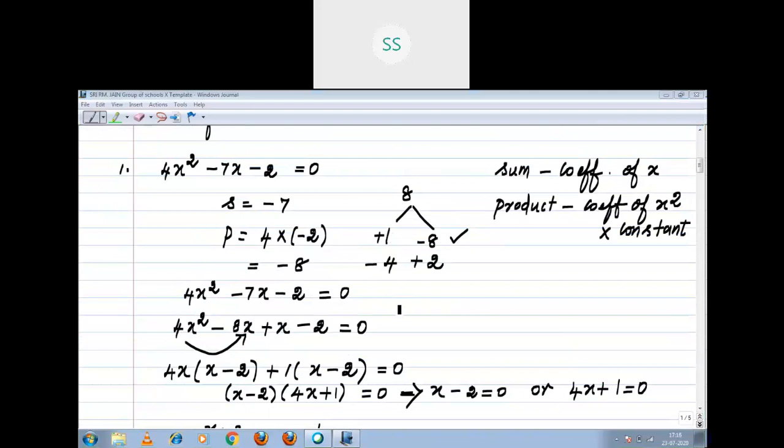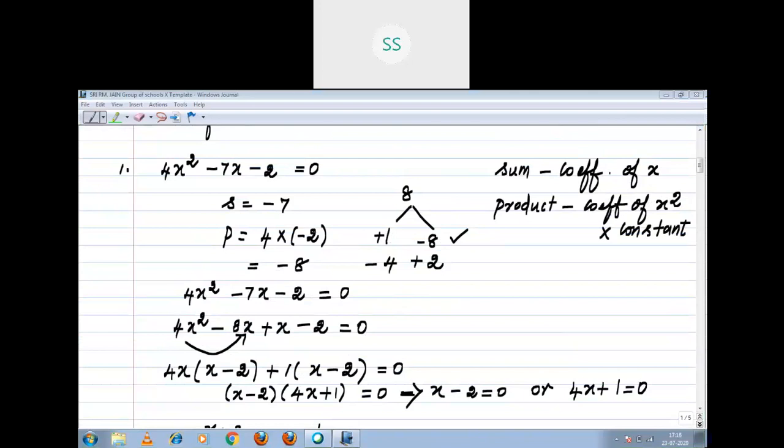4x square minus 7x minus 2 equal to 0: sum equal to minus 7, that is the coefficient of x; product is coefficient of x square into constant. Then the possibilities you wrote, based on the sum you select the possibility. Then using the sum you split the term, that is the coefficient of x. You arrived at x minus 2 into 4x plus 1.